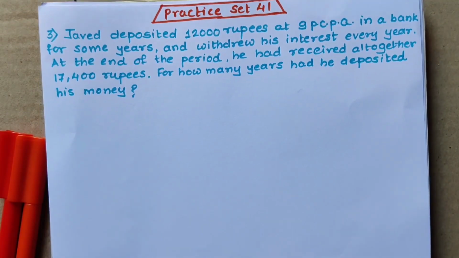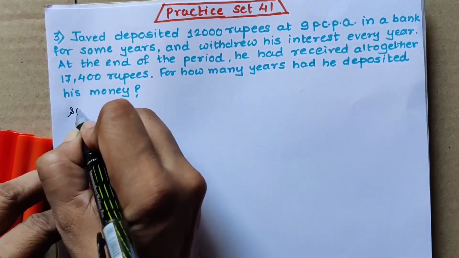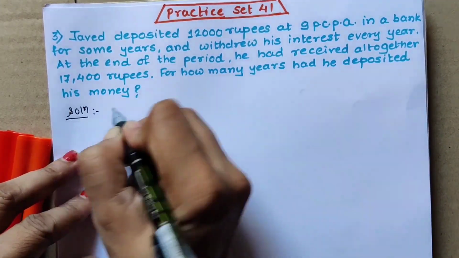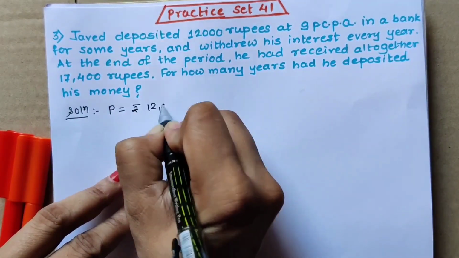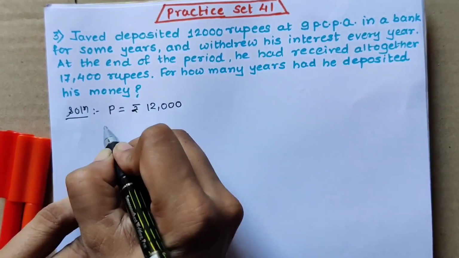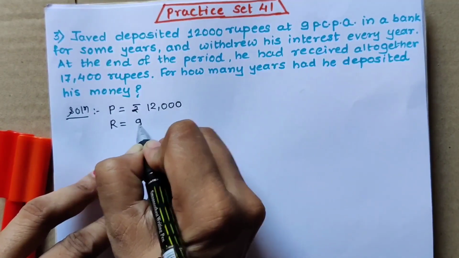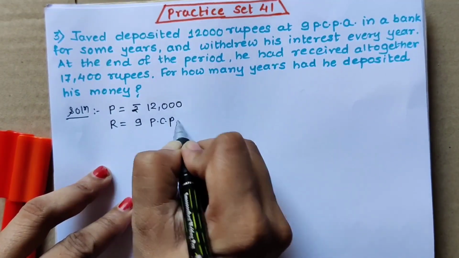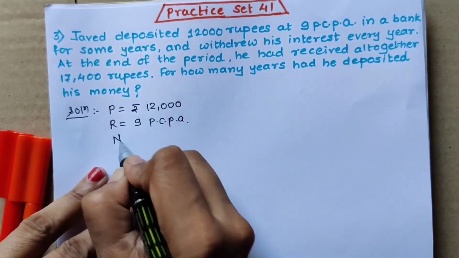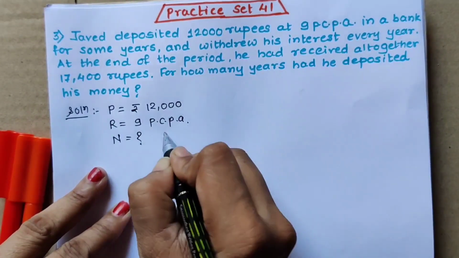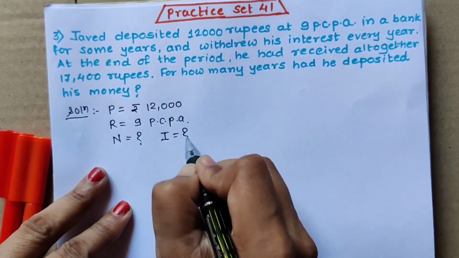In solution we write whatever is given to us. Principal is given, rupees 12,000. Then rate is given, 9 PCPA. Okay, we have not been given number of years. We have not been given interest.